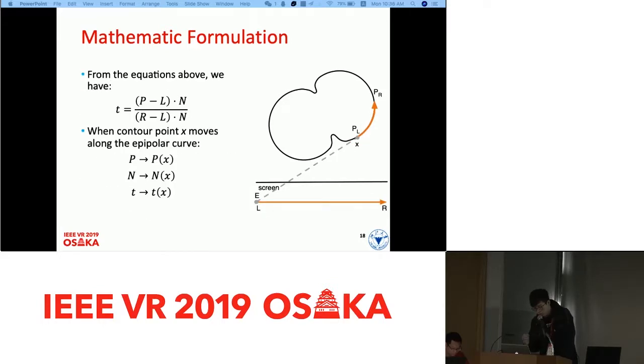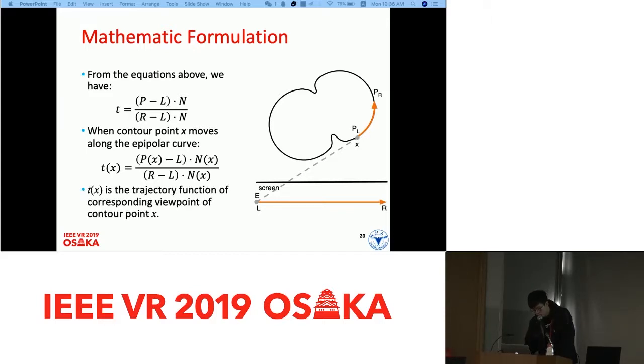When x moves along the epipolar curve, the values of p and n change accordingly, and so does the value of t. Therefore, we rewrite them as functions of the surface point x. Since the value of t represents the position of E between L and R, we can see t(x) as the trajectory function of the corresponding viewpoint of the contour point x.